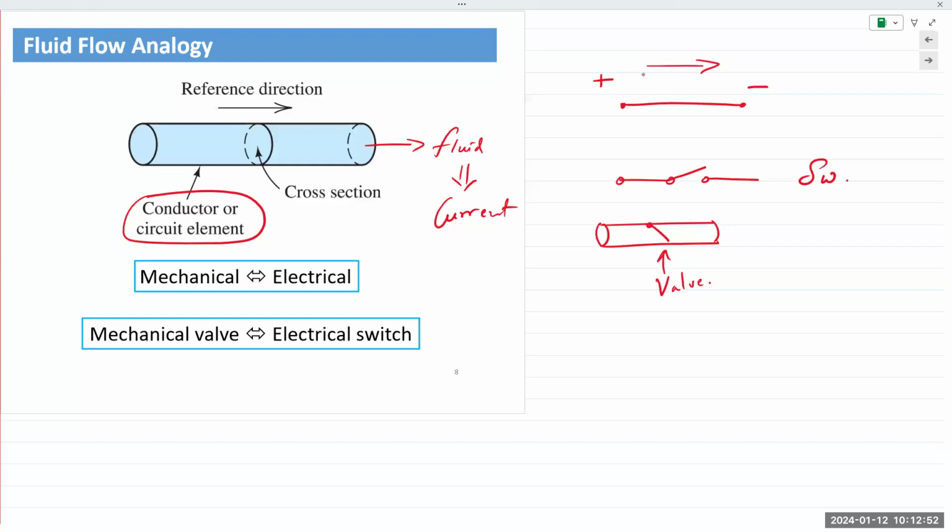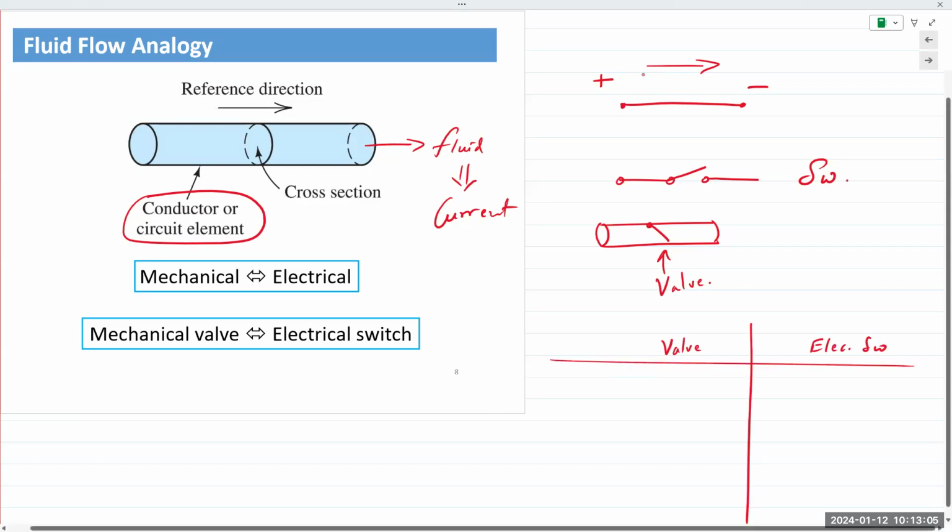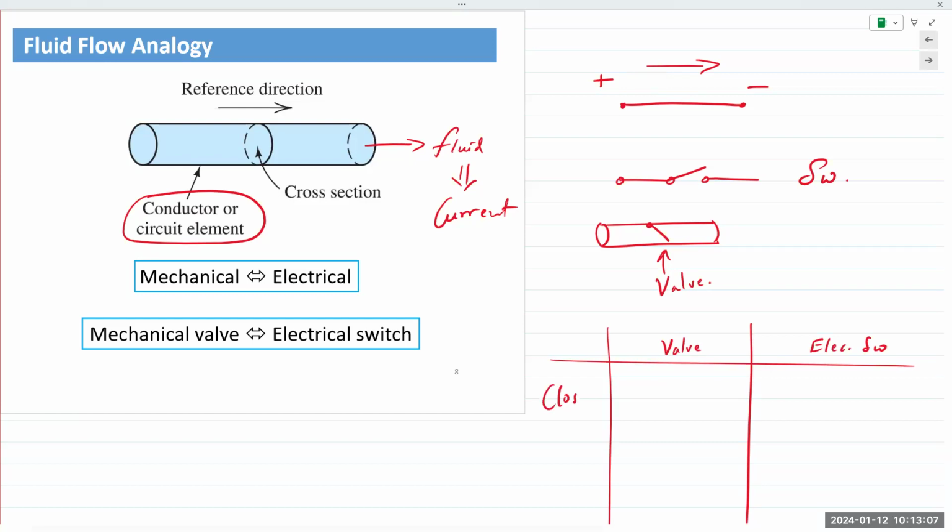So let's write down valve and electrical switch. Closed, open. Is this switch closed or open? It's open. Okay. A closed switch is either noted by a tie or it would simply be something like this.